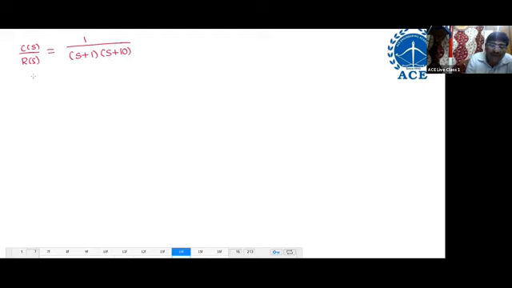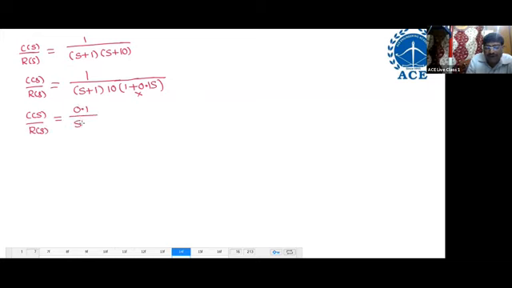So C of s by R of s equal to 1 by (s plus 1)(s plus 10) should be converted into time constant form. That means 0.1 into 1 by (1 plus 0.1s) terms. Now we should neglect this. That means the equivalent first order system is C of s by R of s equal to 0.1 by s plus 1. This is the equivalent first order system.